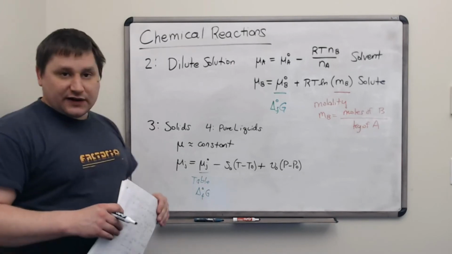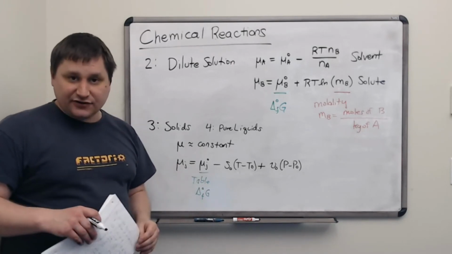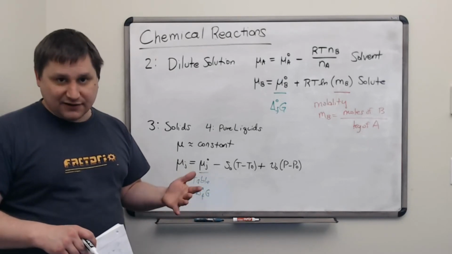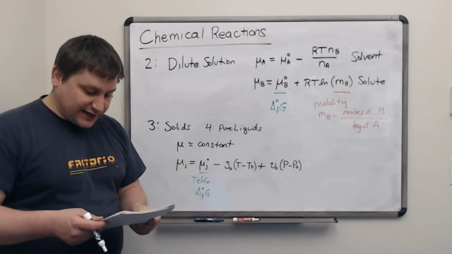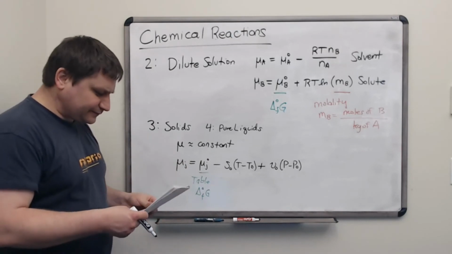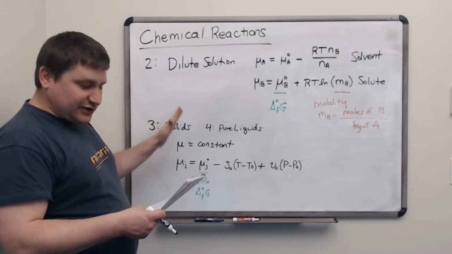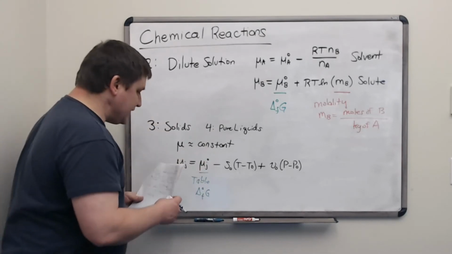Now we have all the ingredients that we need to look at a given reaction and really predict whether it's going to happen forward, happen in reverse, or not really happen at all. So the rules are, we write down the reaction, we balance it.